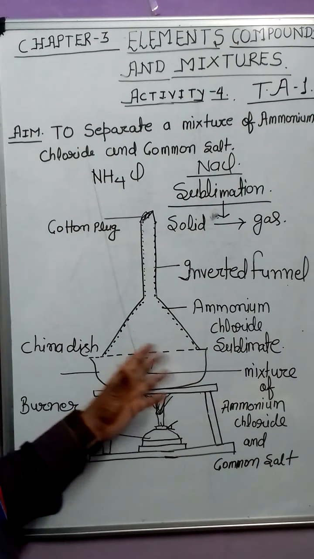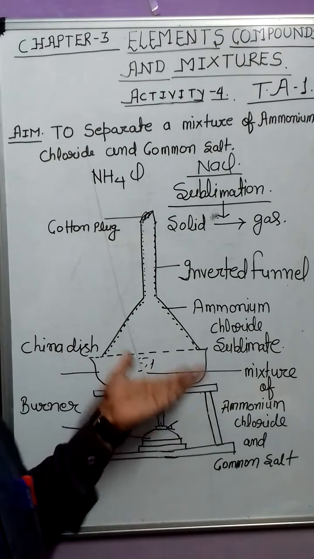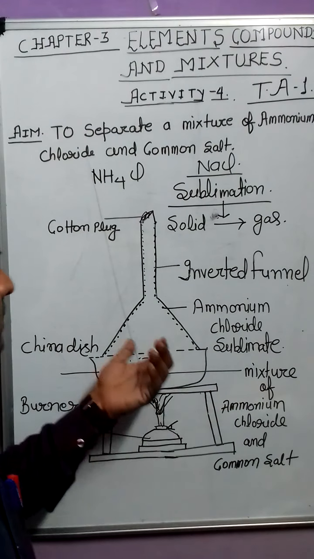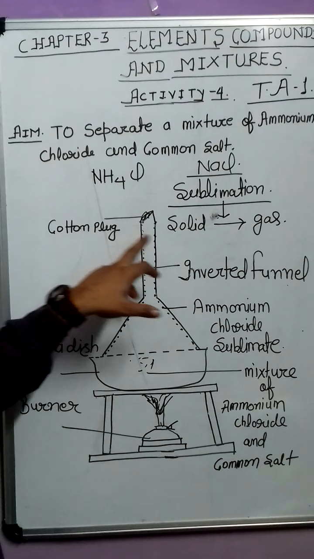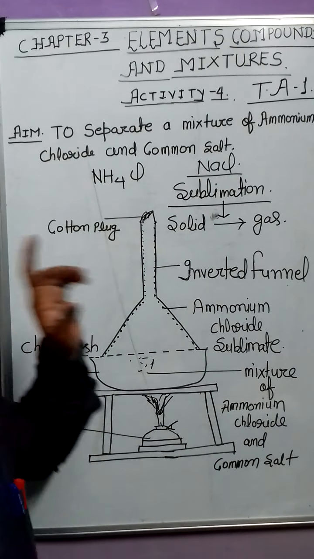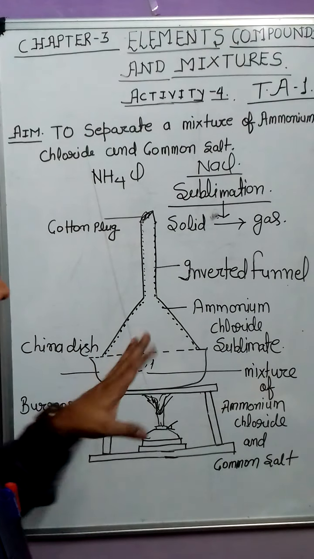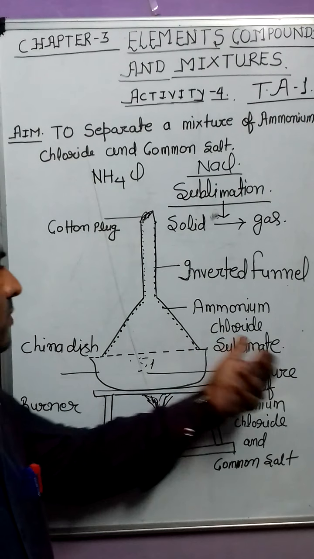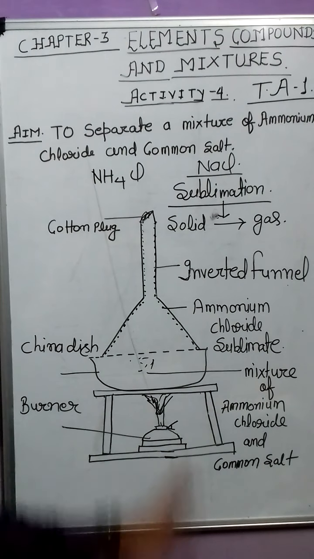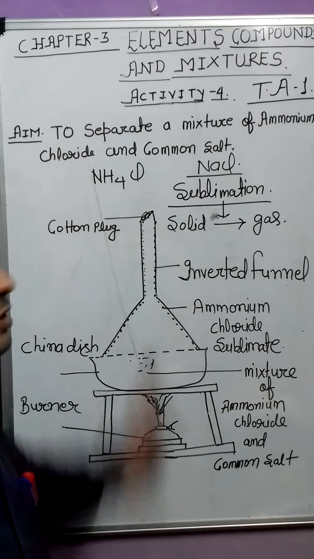Before the ammonium chloride vaporizes, we plug cotton in the opening of the inverted funnel, otherwise the ammonium chloride gas can pass through the opening.